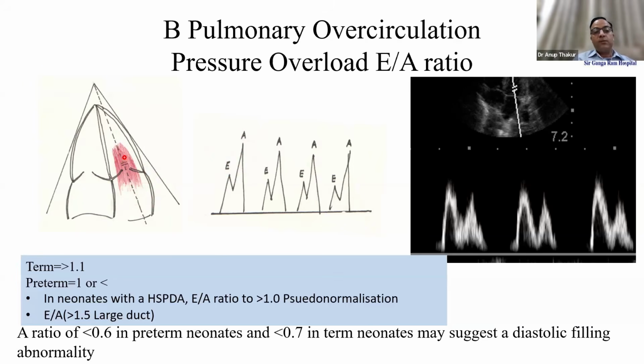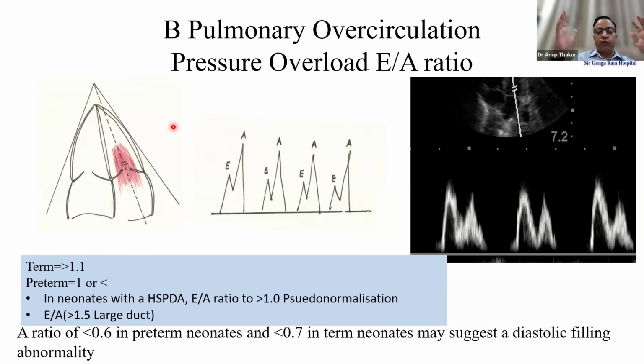Normally, more blood goes in the early phase than because of atrial contraction. So if you measure the E and the A wave, normally in a term baby, the E by A ratio is more than 1. That means the E wave is taller than the A wave. In preterm babies, they have some inherent diastolic dysfunction.